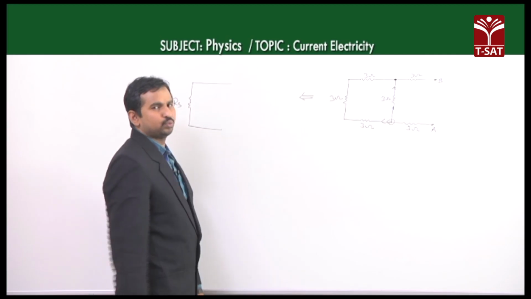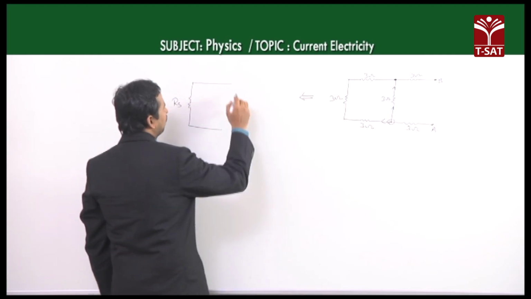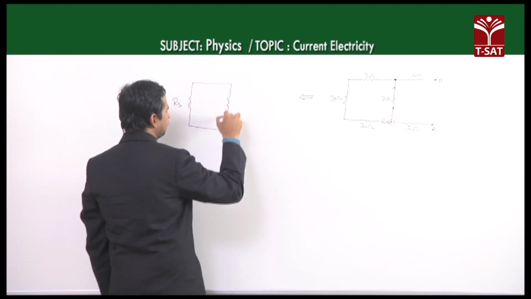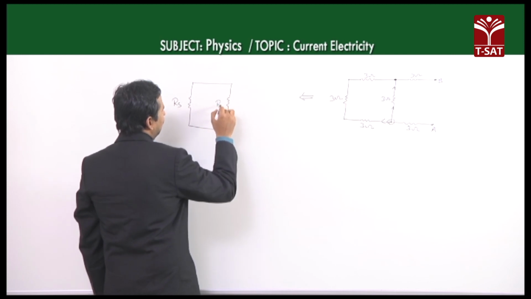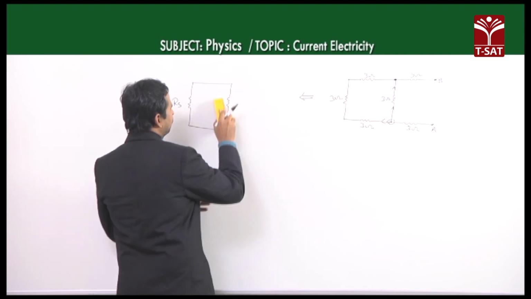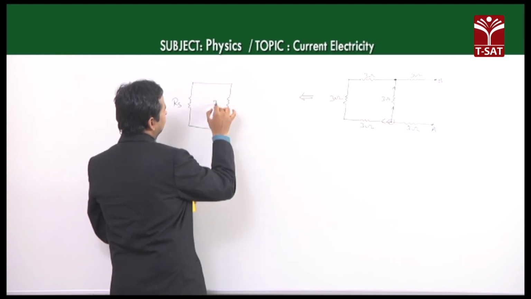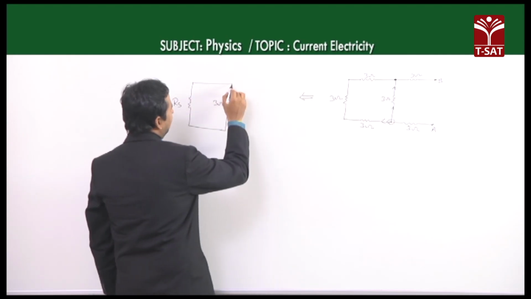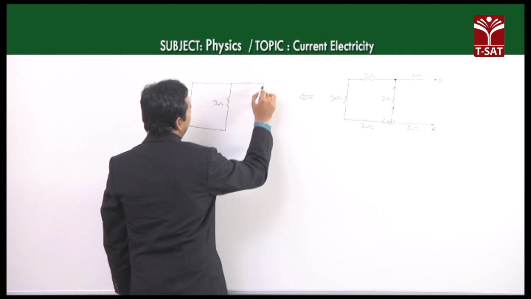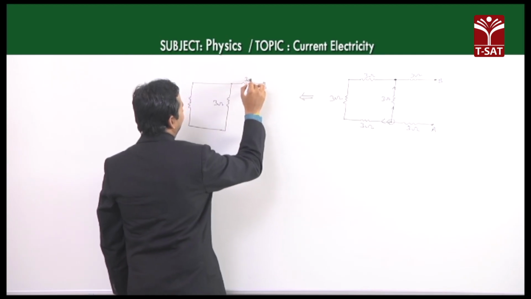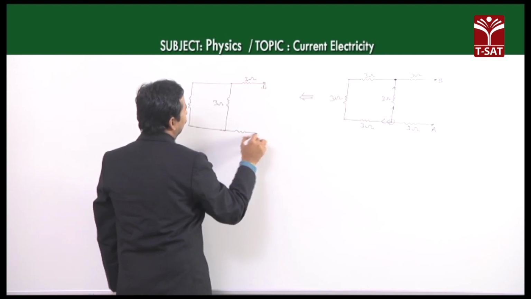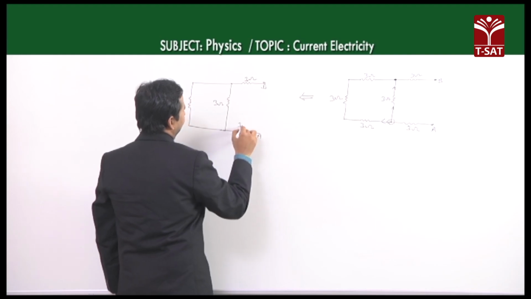The remaining part is the parallel part, RP, which is equal to 3 ohms. This is 3 ohms. And again here we have AB, which is 3 ohms, and here one more 3 ohms is there, like this.